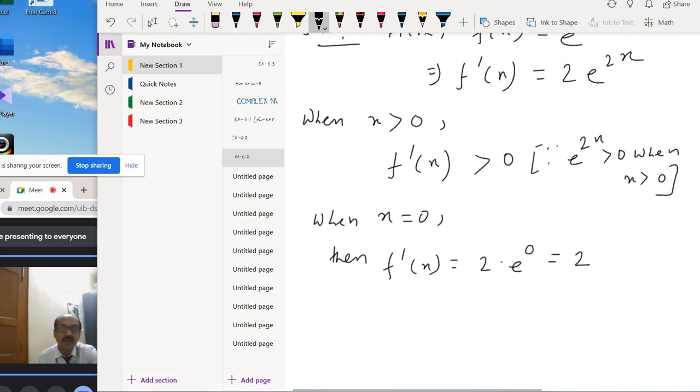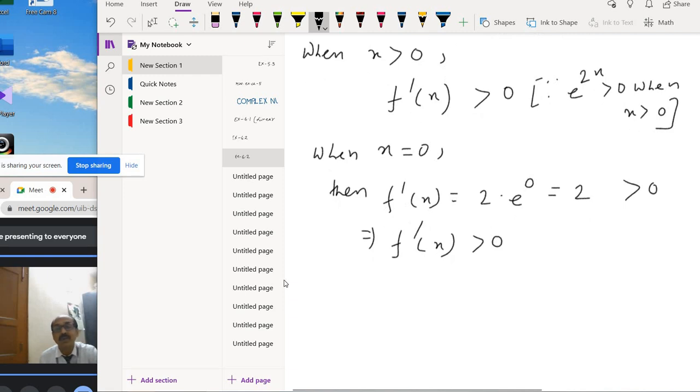So 2 is a positive number greater than 0. So this means f dash x greater than 0. Okay. So when x equal to 0, f dash x greater than 0. The first derivative is positive.